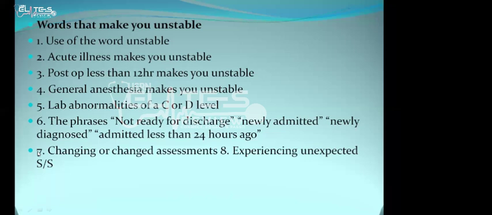The unstable one, the level C or D is more severe than the level A or B. So I want examples. I think I said that earlier on, but well, let me try.